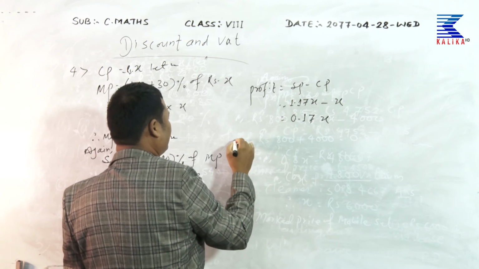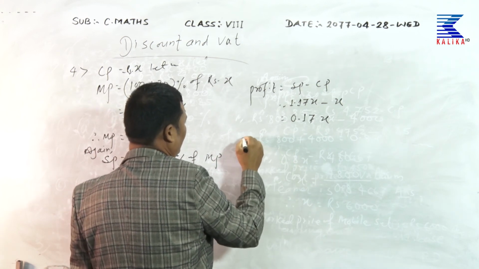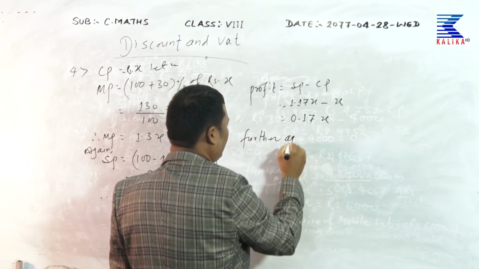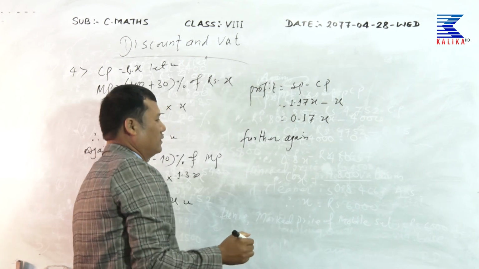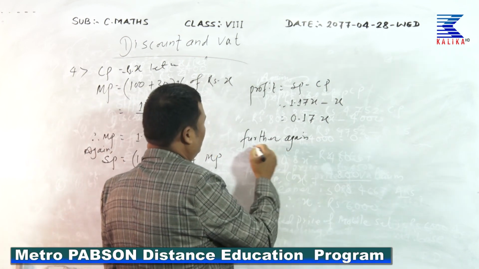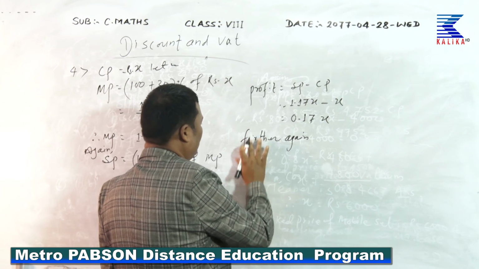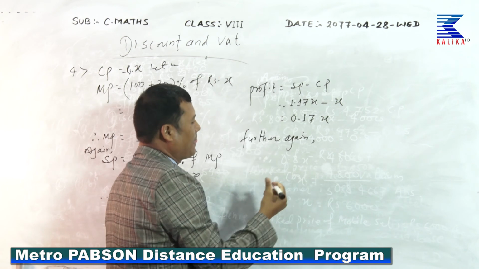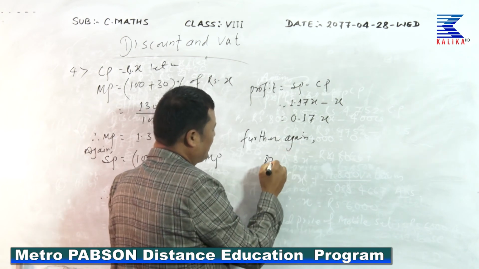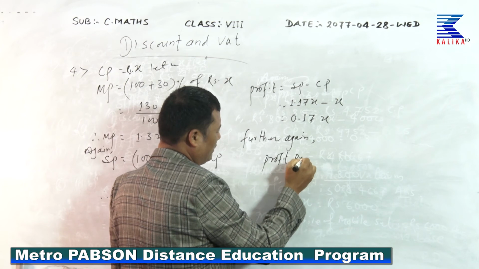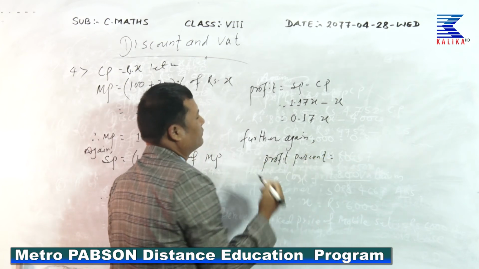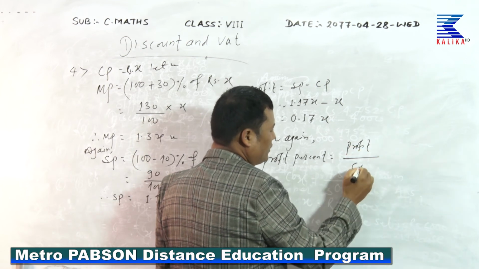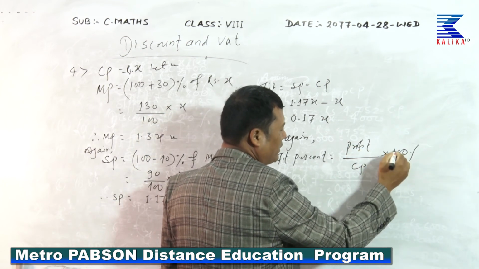Again, profit percent is equal to profit upon CP into 100%.